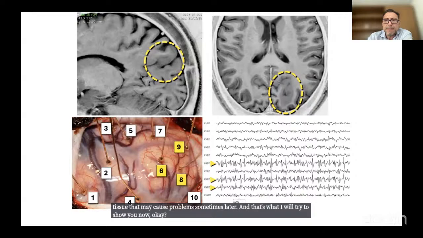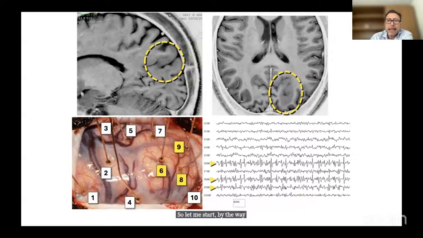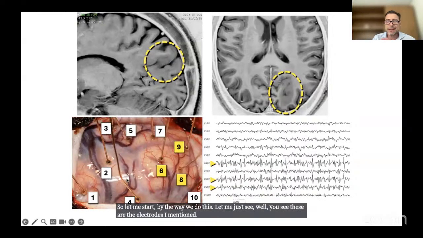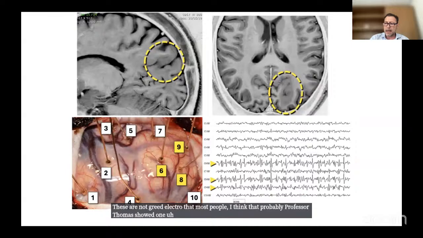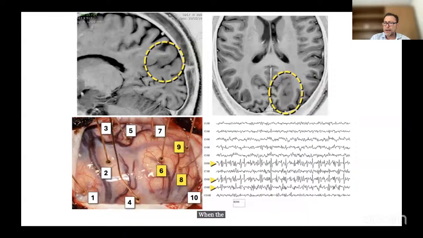So let me start by the way we do this, okay? You see, these are the electrodes I mentioned. These are not grid electrodes that most people use. I think that probably Professor Thomas showed one example very briefly, ECoG with grids.